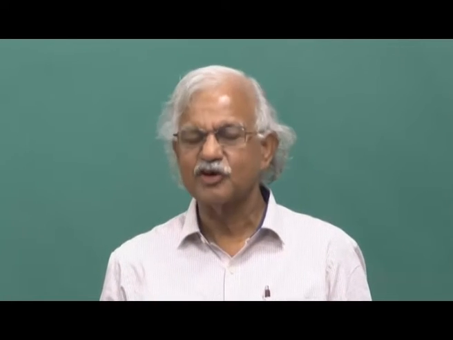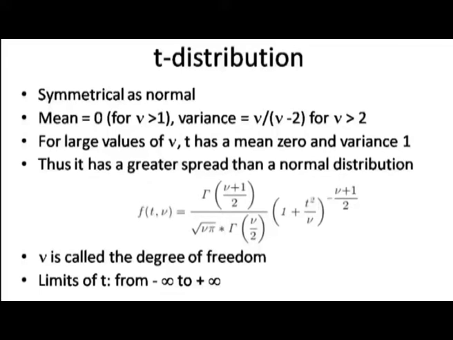Something about the nature of T distribution. Friends, T distribution is a symmetrical distribution. It has mean 0, and because it is symmetrical and it has mean 0, its mean, mode, median all are at the point 0.